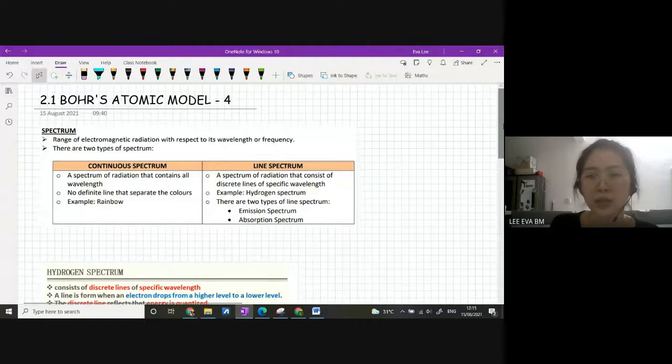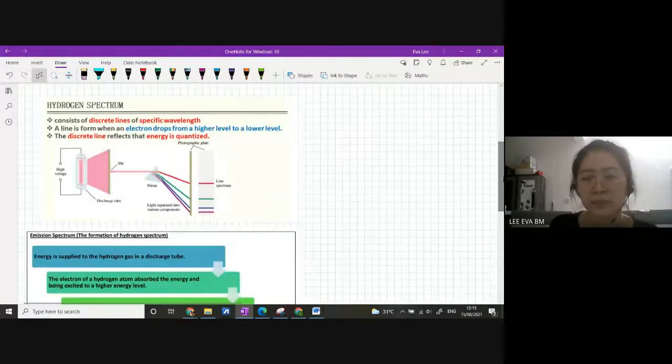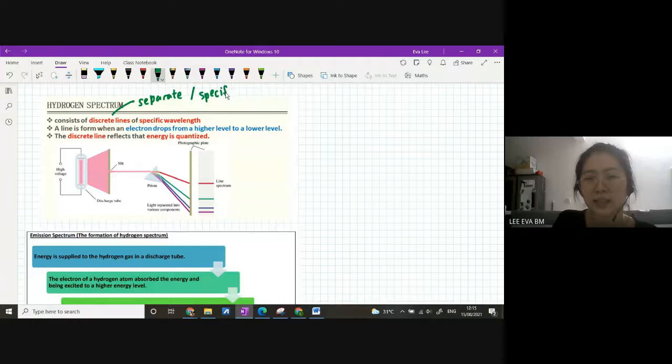Okay, so let's look at the specific example of the hydrogen spectrum. Our hydrogen spectrum, again same thing, consists of discrete lines of specific wavelength. Perkataan discrete kalau tak faham, kita boleh guna word separate lines or individual lines or specific lines, containing the specific wavelength.